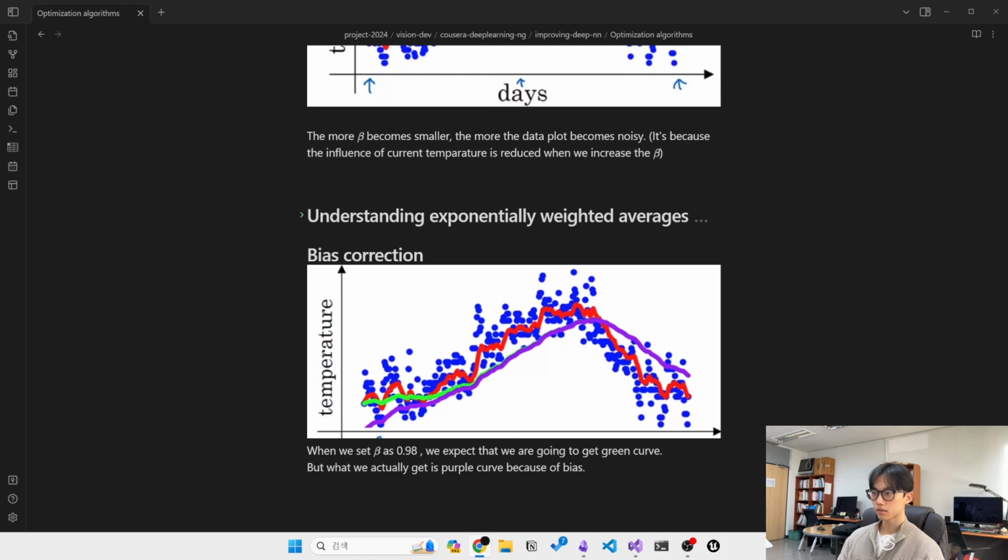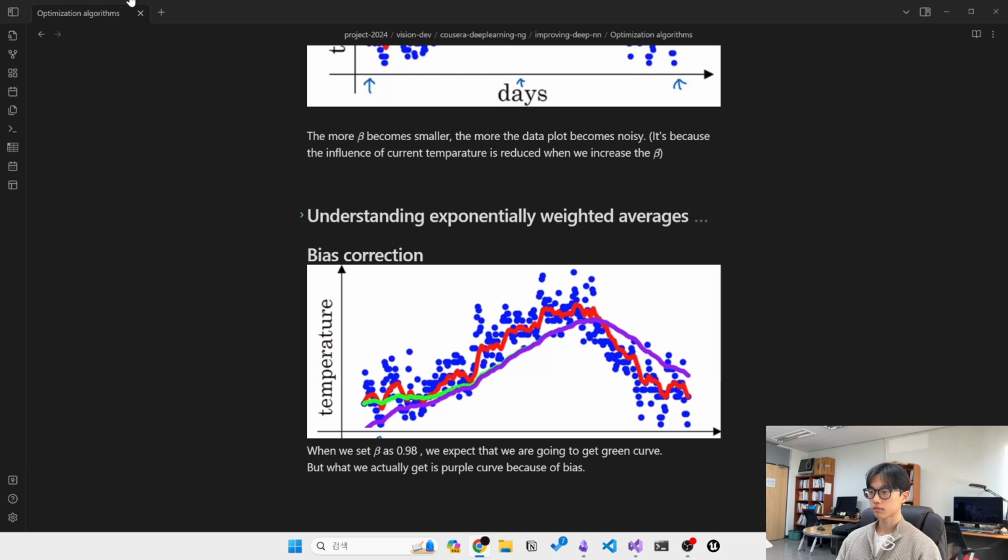v2 will be 0.98 times v1 plus 0.02 times theta 2. And if you plug in v1, which is this, down here, and multiply it out, then you find that v2 is actually equal to 0.98 times 0.02 times theta 1 plus 0.02 times theta 2, and that's 0.0196 theta 1 plus 0.02 theta 2.